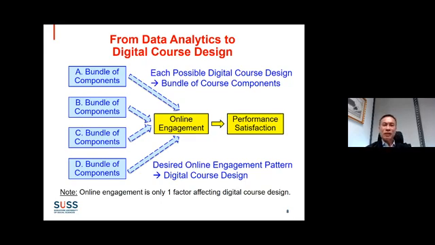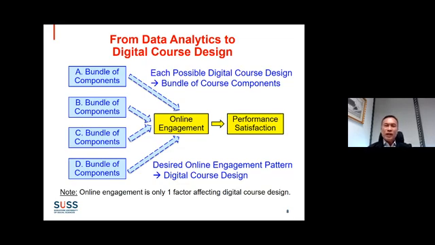And in the third bundle, it can be the case that I emphasize assessment. I make students go through formative and summative quizzes, do projects, and so on. So the point that I'm trying to illustrate is that when we talk about course design, we're talking about different bundles of components, and these components can be instructional materials, interactions, or activities.